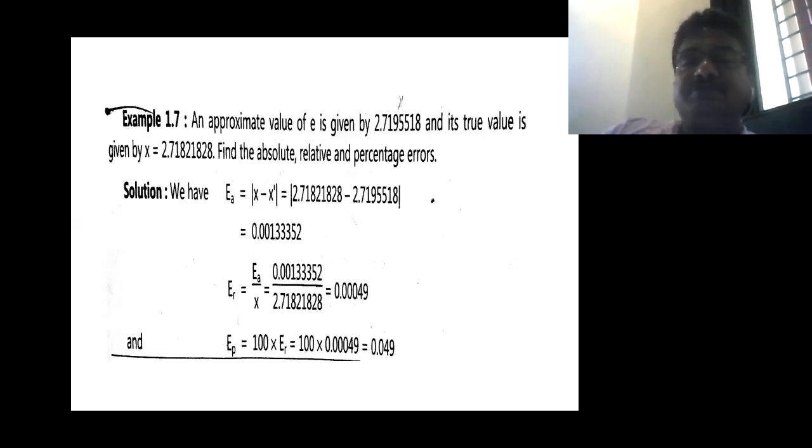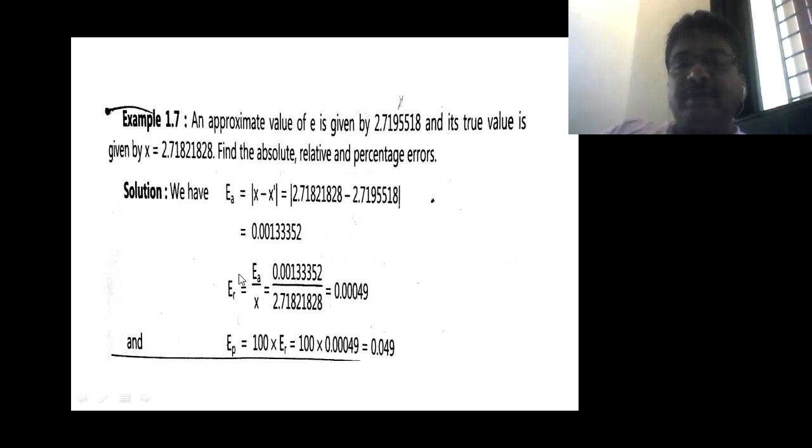So what is the absolute error? Definition of absolute error is mod x minus x dash, mod true value minus approximate value. So this is true value, and this is approximate value 2.7195518, and that subtraction gives this answer. And this is the absolute error.